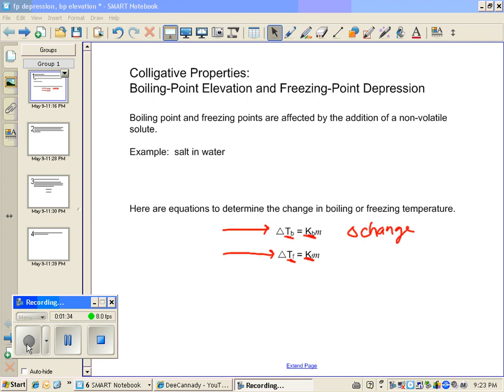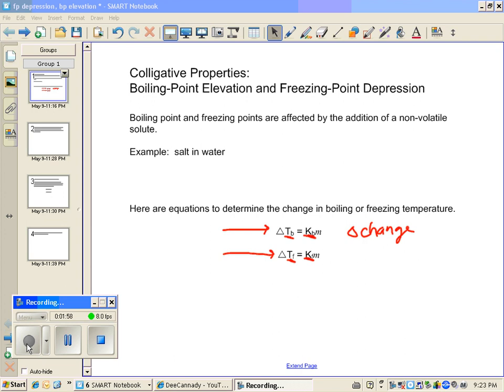Whenever you take a solute and dissolve it in water, or any solvent for that matter, we'll just use water as an example, as you put particles into that solvent, the freezing point will get lower and the boiling point will get higher.